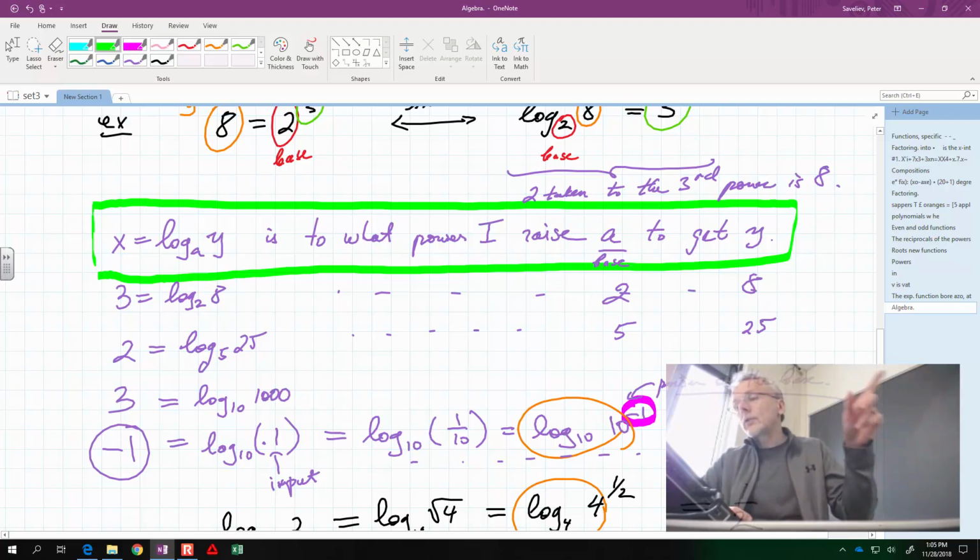To the third power I raise 2 to get 8. Similarly, with powers of 5, I know that 25 is 5 squared, so to what power do I raise 5 to get 25? The answer is 2. Finally, the power of 10 that gives me 1,000 is 3, because it's 10 cubed.